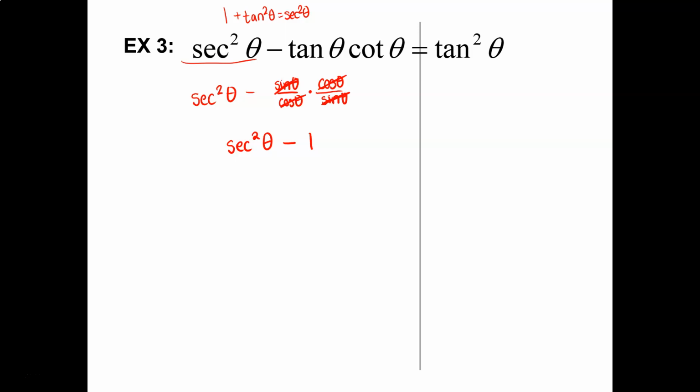Now, secant squared theta, right here, is equal to 1 plus tangent squared theta. And I've got a tangent on the other side, so I want to have tangent instead of secant, right? So I could replace secant squared theta with 1 plus tangent squared theta. And then what happens when I subtract this? I got 1 plus tangent squared theta minus 1.